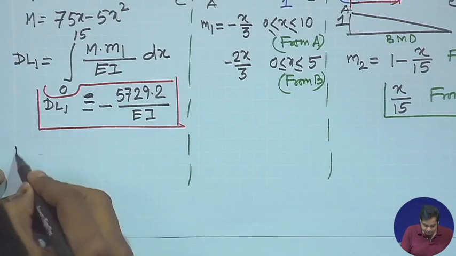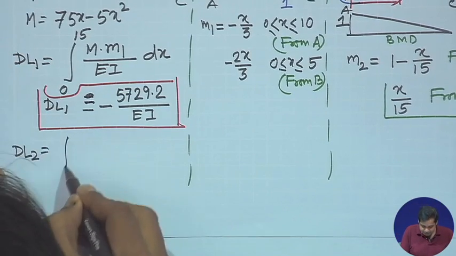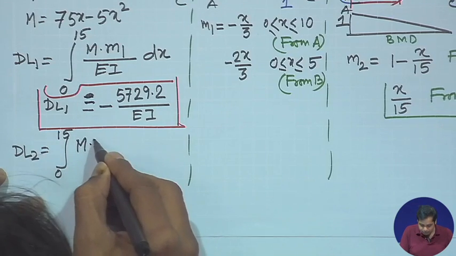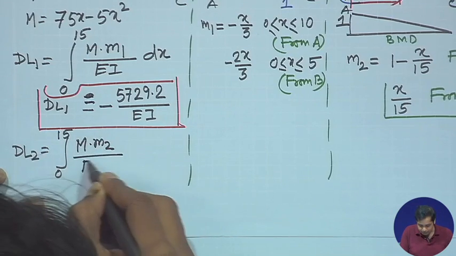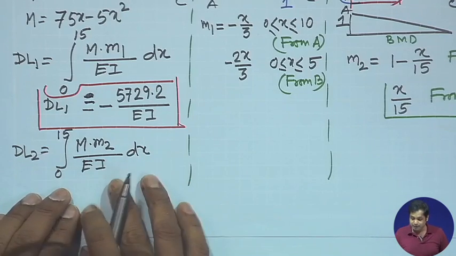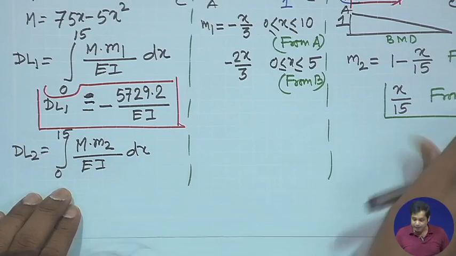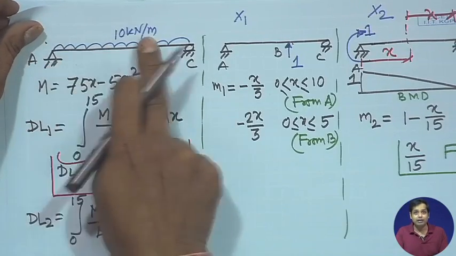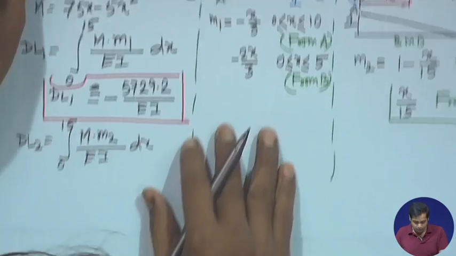Now, similarly, we need to find out DL2. DL2 will be just a straightforward implementation of the unit load method, integral of m m2 by EI. So, DL2 will essentially be the rotation at A due to the externally applied load. And what is the value?